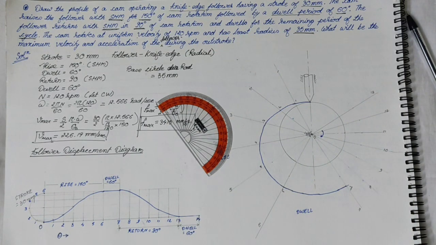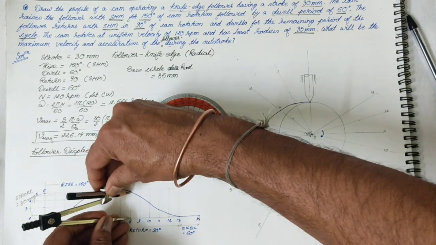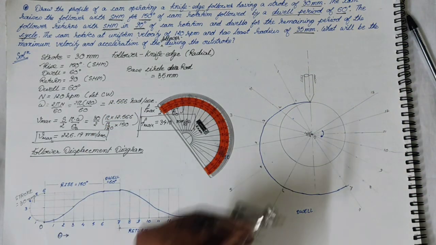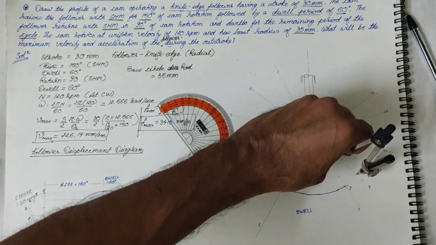So now we make the follower return. For return again, the displacement will be this. So I measure displacement 8 from the displacement diagram. Again from the base circle, this is 8.